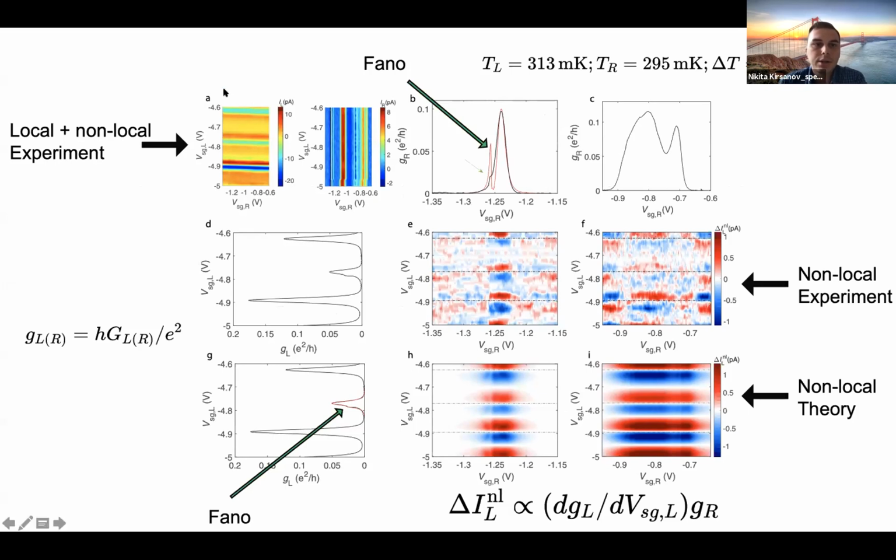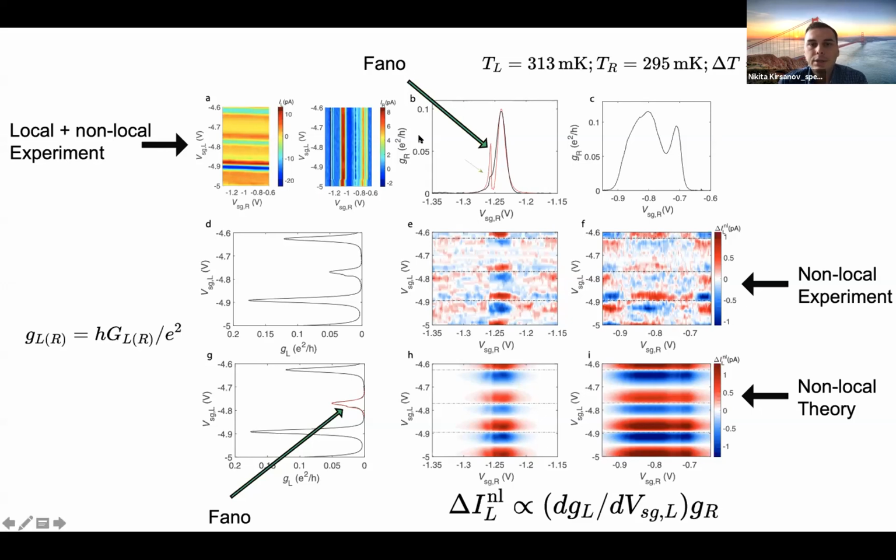So here are some of the results of our experiment and the theoretical modeling. Here in the left upper corner, you can see the local currents as functions of the left and the right gate voltages. You can see that, for example, the right total current is almost independent of the left gate voltage, because the non-local contribution is very small, only about 5%.